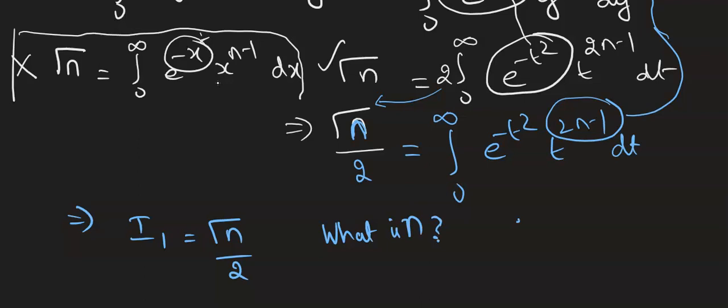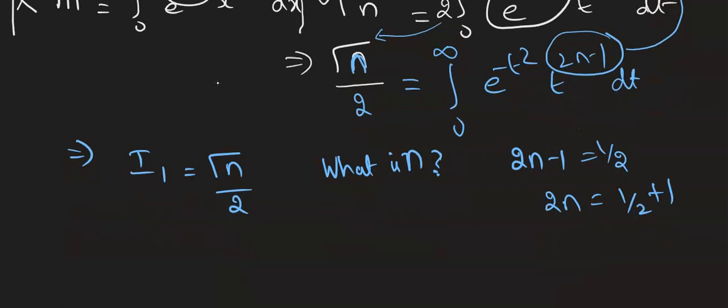What is this n? How to find? They have given the clue. In the place of 2n minus 1, I have 1 by 2. So 2n is 1 by 2 plus 1, which is 3 by 2. Therefore n is 3 by 4.